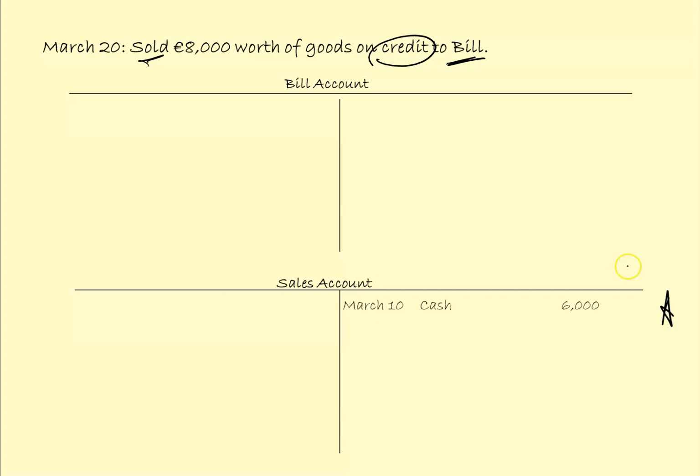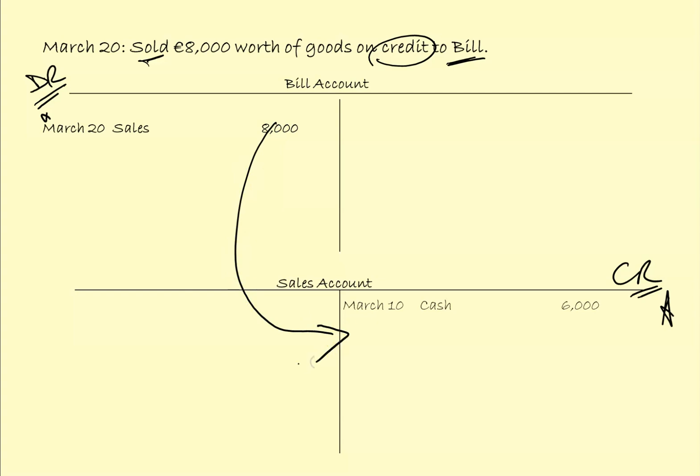Now, sales will always be on the credit side, so to record this transaction, I'm going to be crediting the sales, so therefore I must be debiting Bill, which is correct. Bill will be a debtor. Bill owes us money. So up here I'll write in March the 20th, sales 8,000, and then down here I'll put in March the 20th, Bill 8,000.